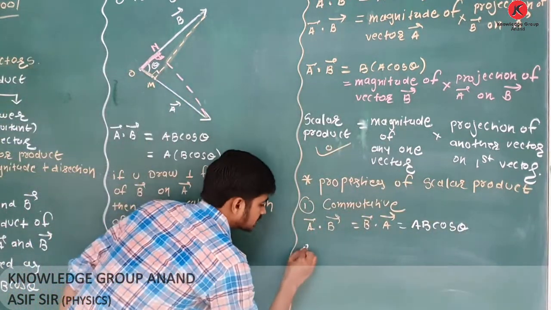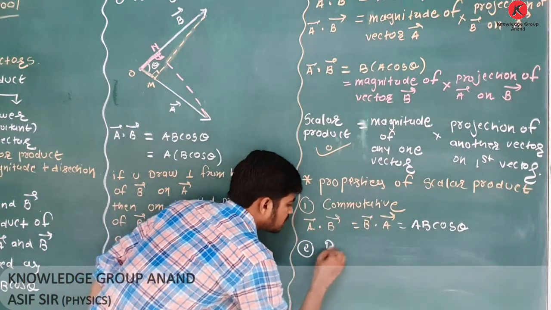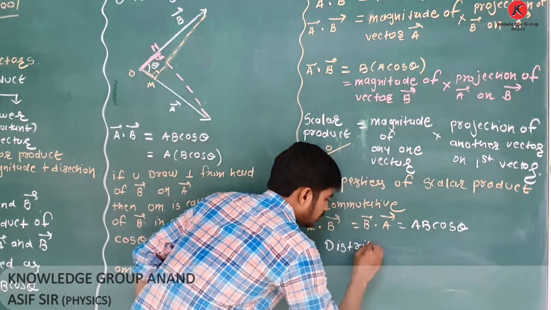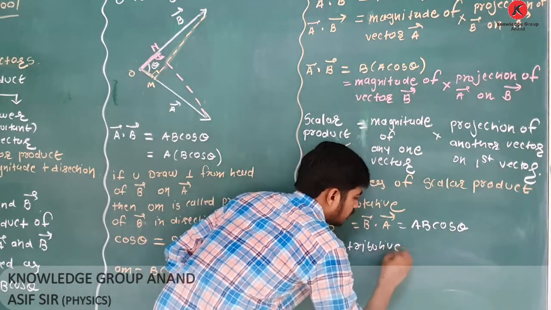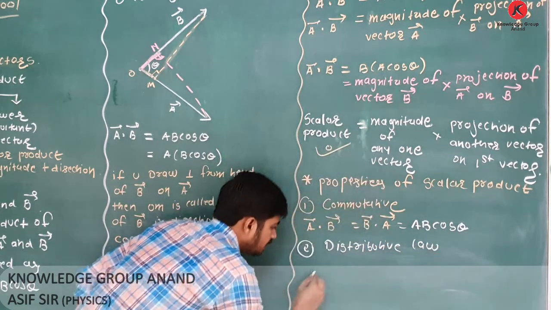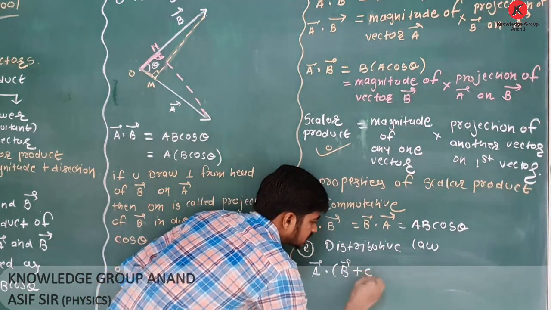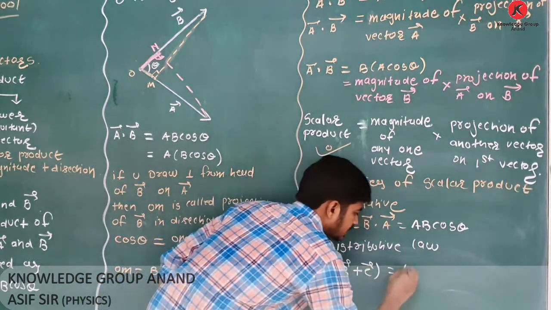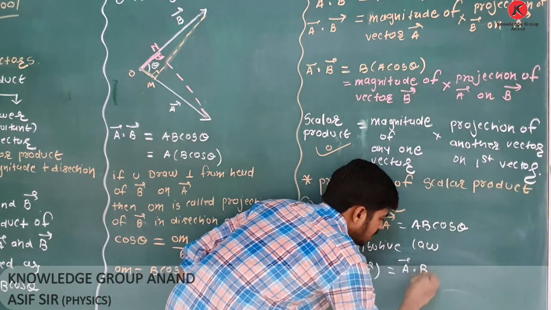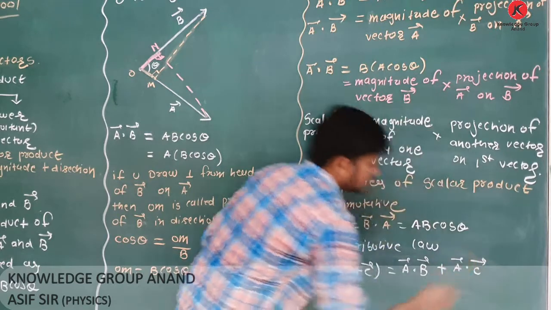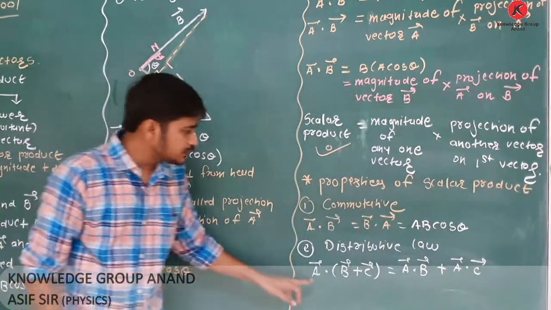Second law is the distributive law. What is the distributive law? If I say A dot (B plus C), then its answer is A dot B plus A dot C. Okay, then it is the distributive law.